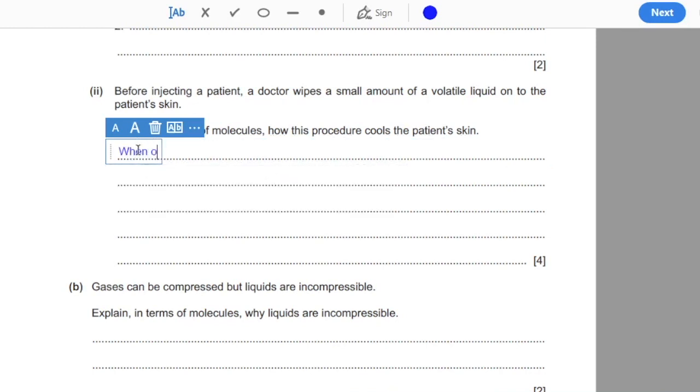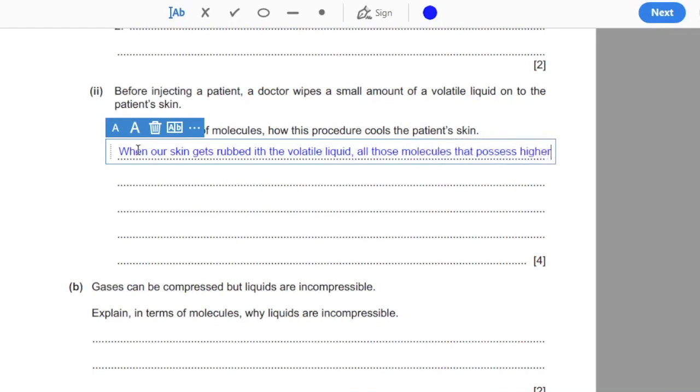When our skin gets rubbed with the volatile liquid, all those molecules that possess higher energy will leave the surface of your skin, and those of low energy will be left behind.